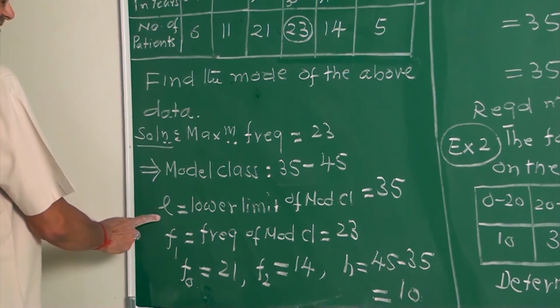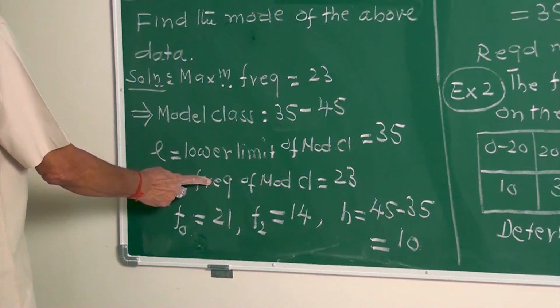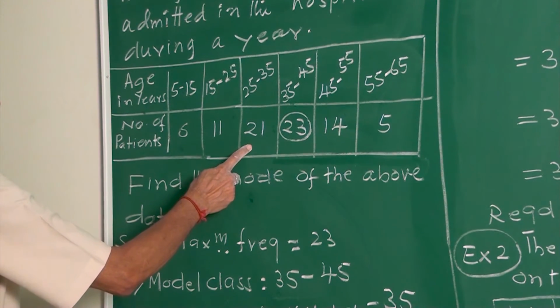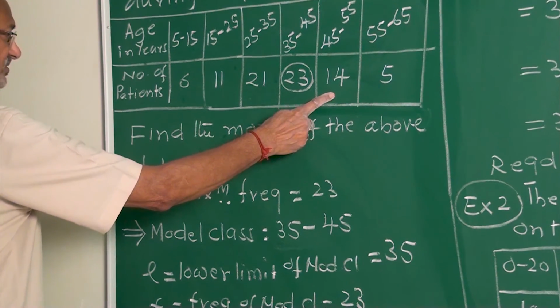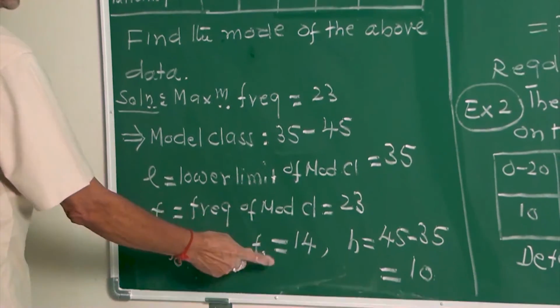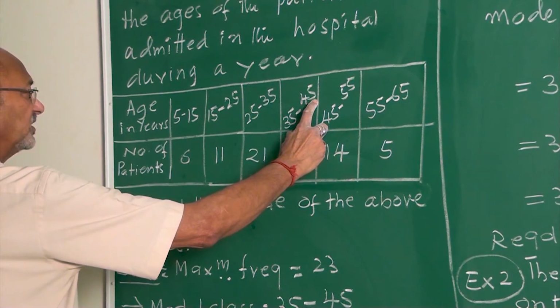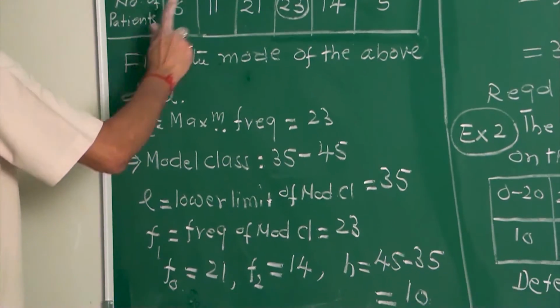F1, the frequency of the modal class, is 23. The preceding F0 is 21, and the succeeding F2 is 14. H, the size of the class interval, is 45 minus 35, which is 10.